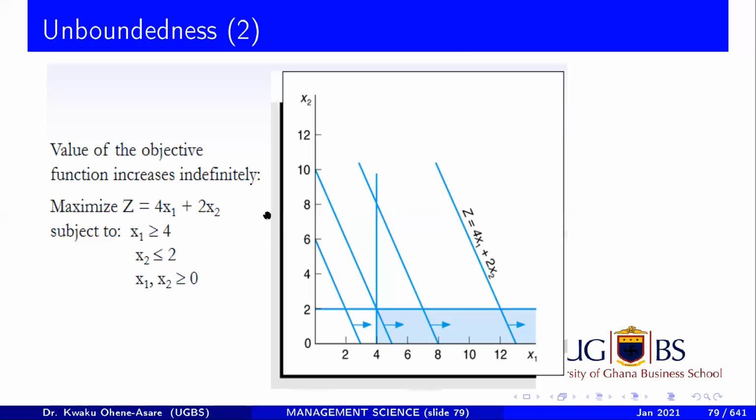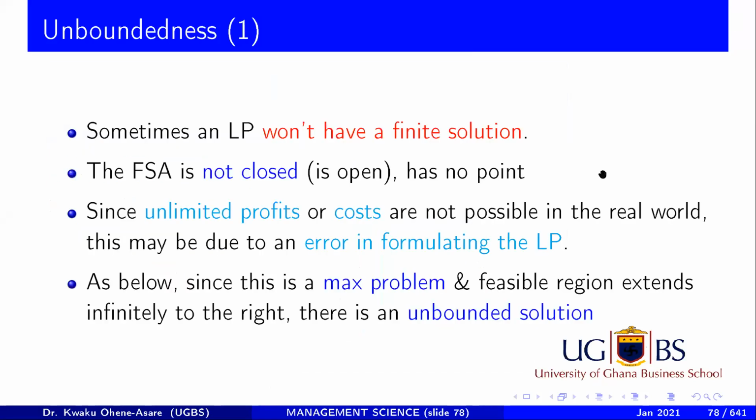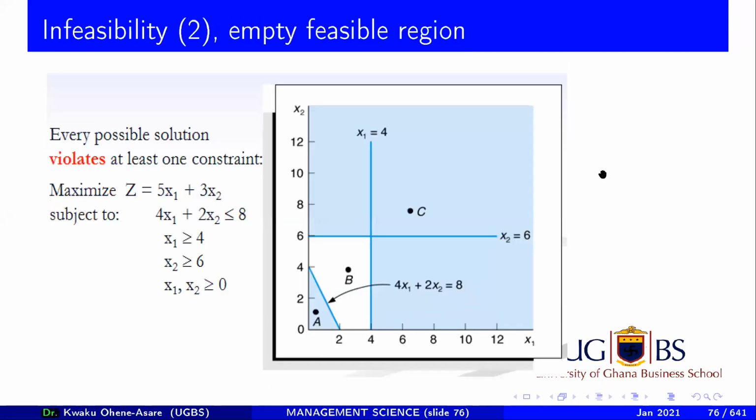If you look at this, the value of the objective function is rising indefinitely. This is unboundedness, because unboundedness means that it's not closed. Now, infeasibility is not a matter of the value of the objective function rising infinitely. Infeasibility has to do with a constraint.